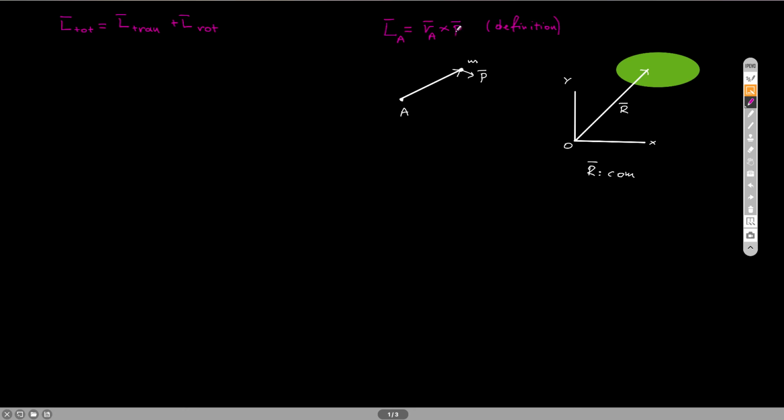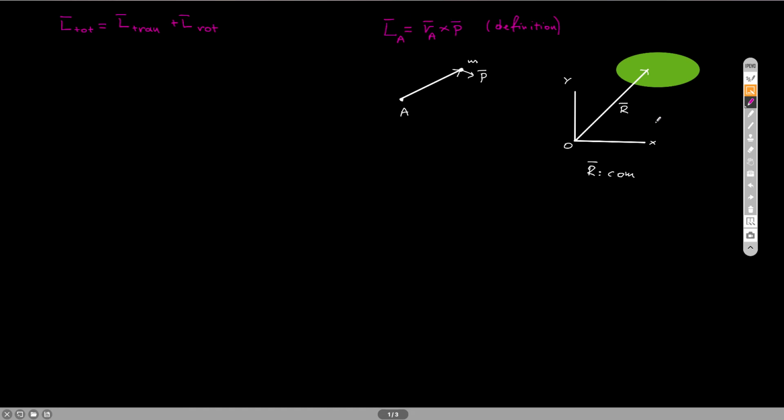Now, using the definition of the angular momentum and the definition of the center of mass, I can show mathematically, but I'm going to skip the mathematical proof. I want to focus on what I start with, what the final result is, and what it means.